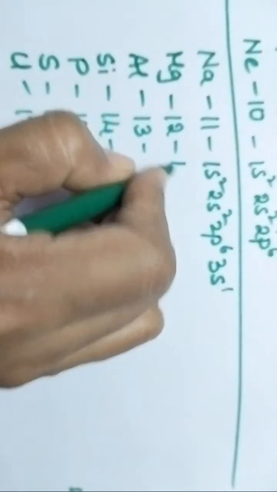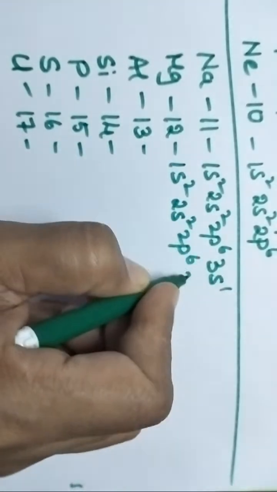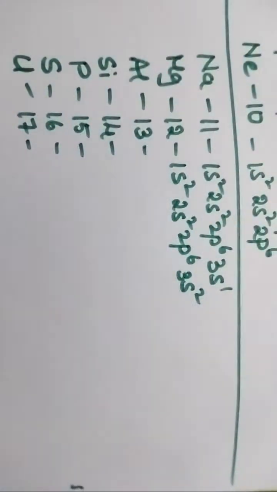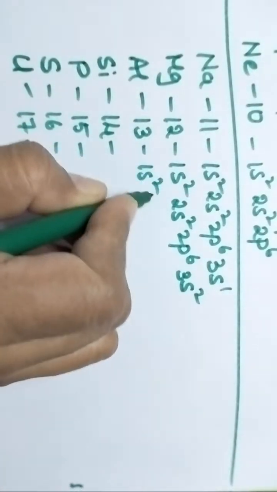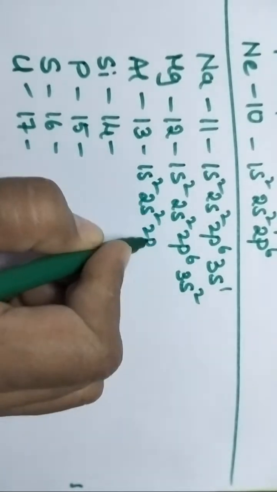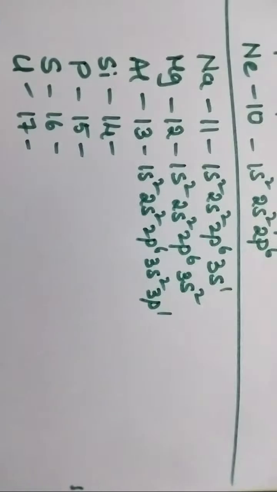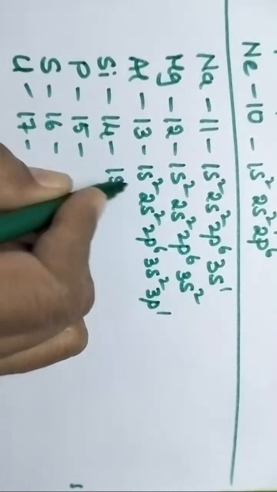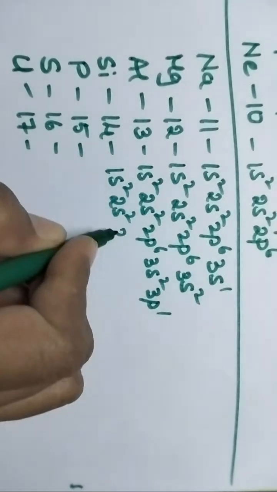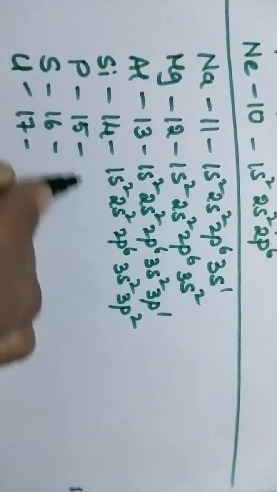Magnesium is 1s2, 2s2, 2p6, 3s2. Coming to the aluminium, it is 1s2, 2s2, 2p6, 3s2, 3p1. Next, silicon 1s2, 2s2, 2p6, 3s2, 3p2.